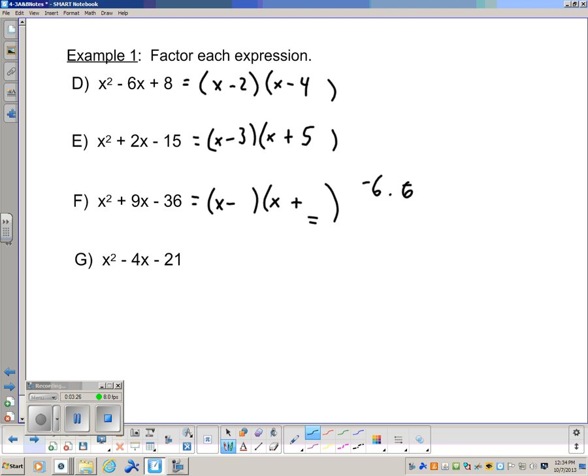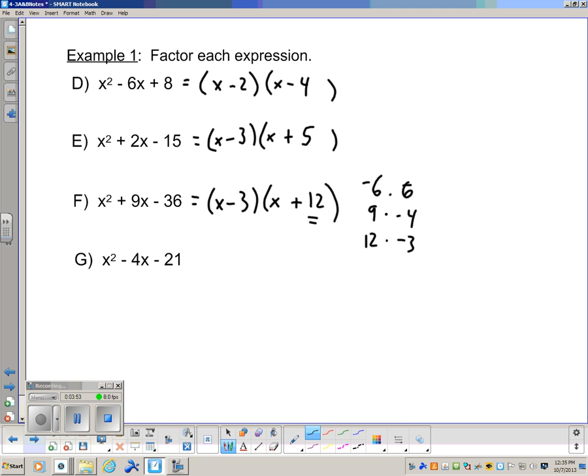No. What about 9 and 4? No. What about 12 and 3? Yep. 12 times negative 3 there will give me negative 36 and add to give me a positive 9. So 3 has to go here and the 12 has to go here.